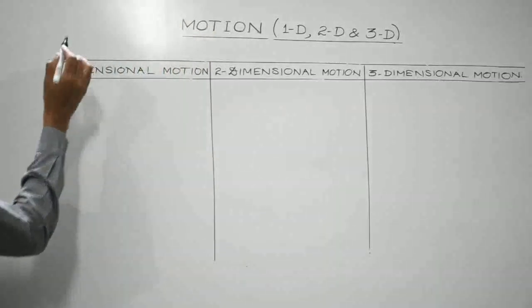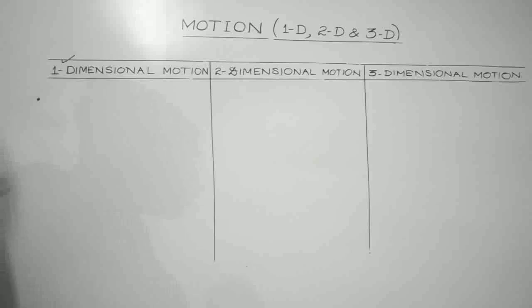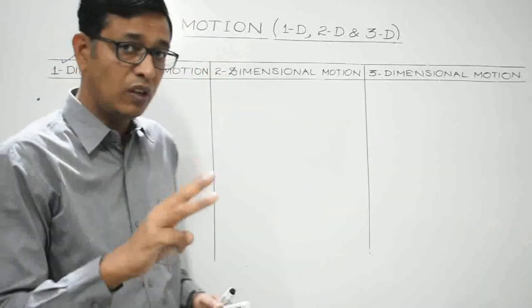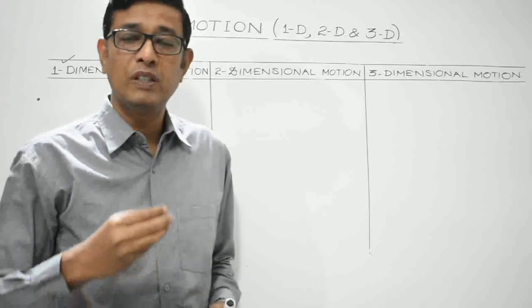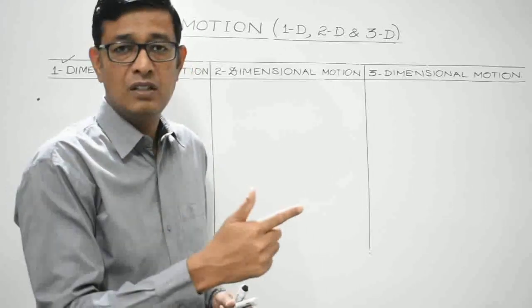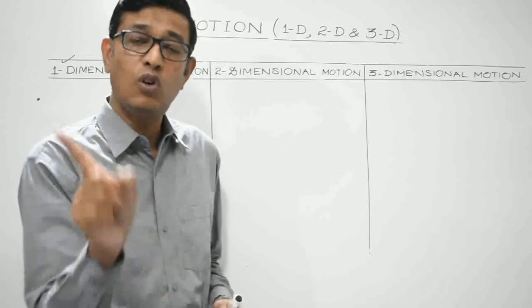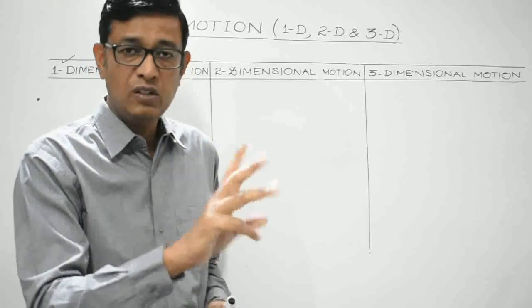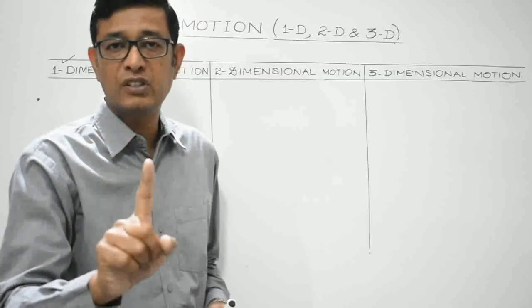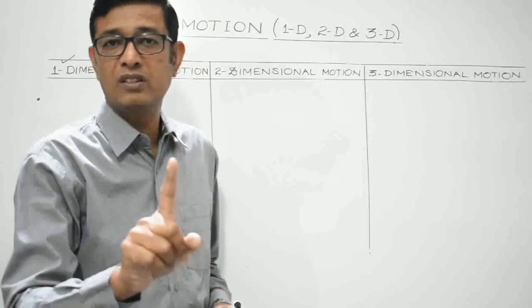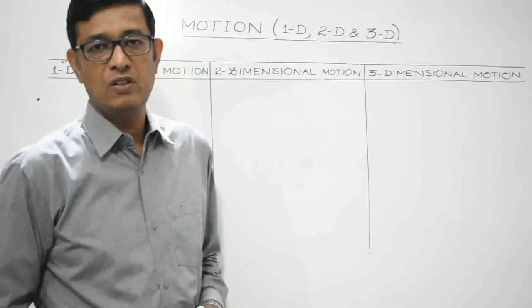As the term suggests, one-dimensional motion means that out of the 3 coordinates x, y, z, which are required to specify the position of an object, only one coordinate changes with respect to time. Then the motion of the body is said to be one-dimensional, right?